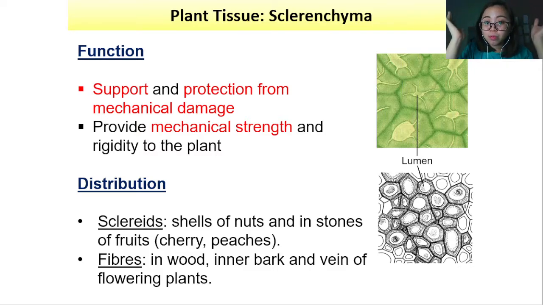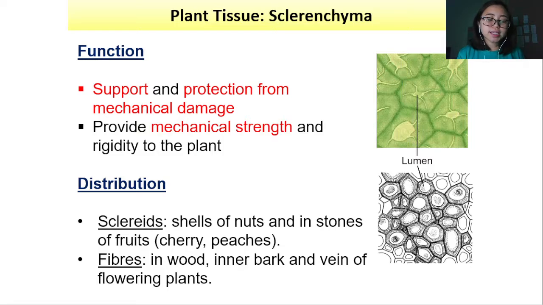Kalau kamu makan buah, contoh kamu makan buah cherry, buah peach, ataupun buah apple, biji di dalam itu, biji di tengah itu terdiri daripada sclerenchyma tissue. Versi sclerites, yang bulat tu.